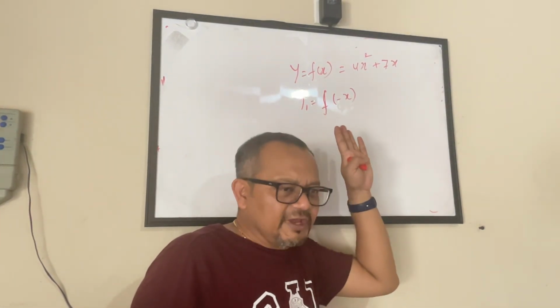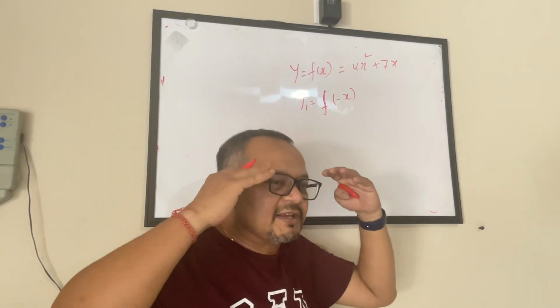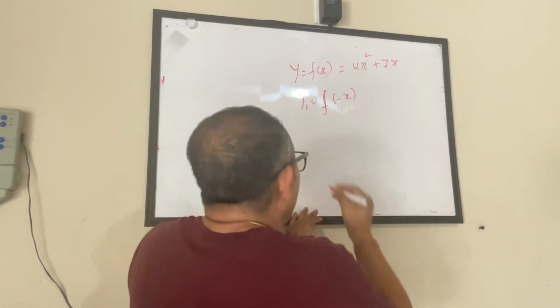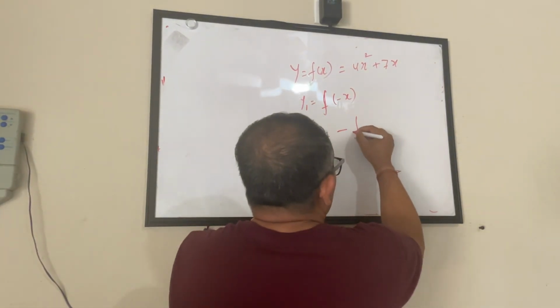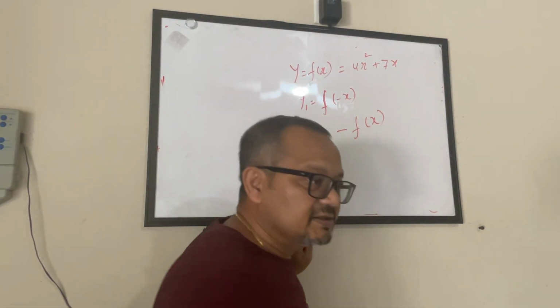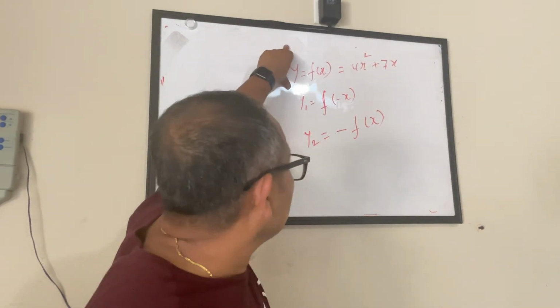I can solve it. I can put different values. I'm asking you guys to visualize what will happen. Or another situation, another function where it is negative of f(x). What will happen? So this is my original function.